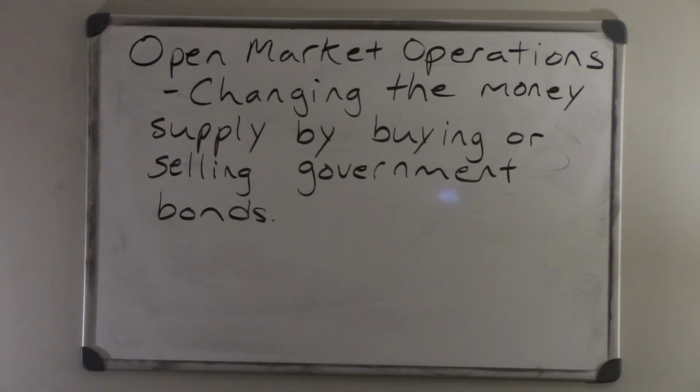So they have to have some mechanism for getting that newly created money into the economy. What they will do is they will start buying government bonds. Any banks and financial institutions that have these bonds can sell them.